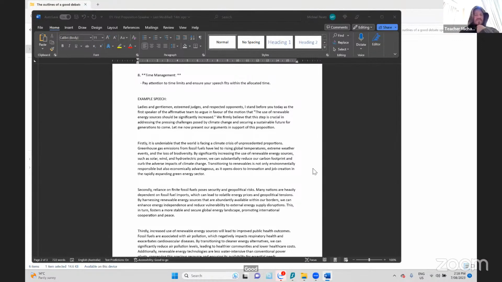Secondly, reliance on finite fossil fuels poses security and geopolitical risk.